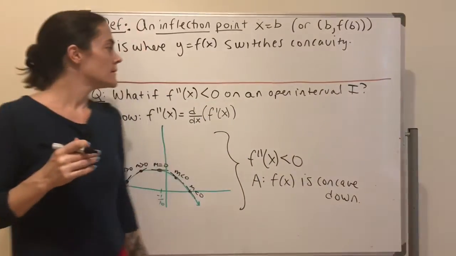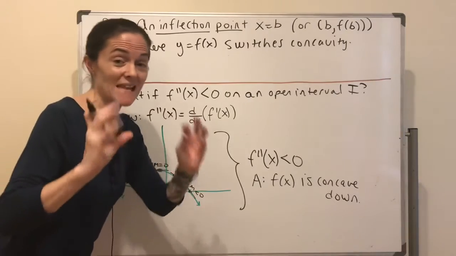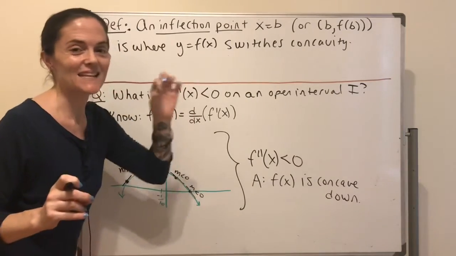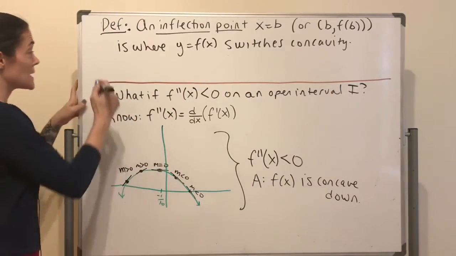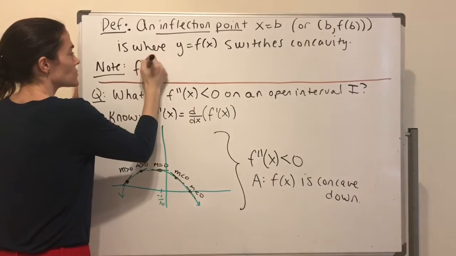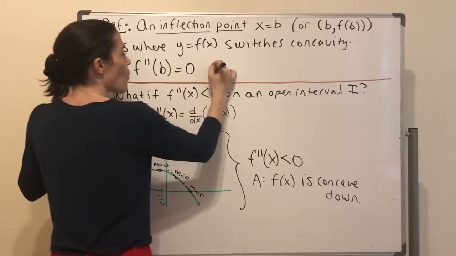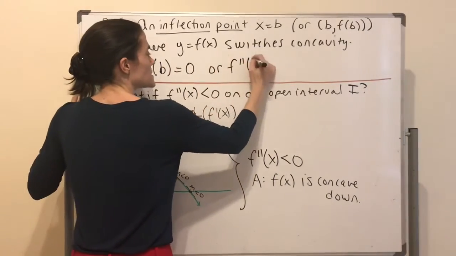Okay, so the second derivative is switching from positive to negative at this x value, and this means the following: the second derivative at b is either 0 or does not exist.